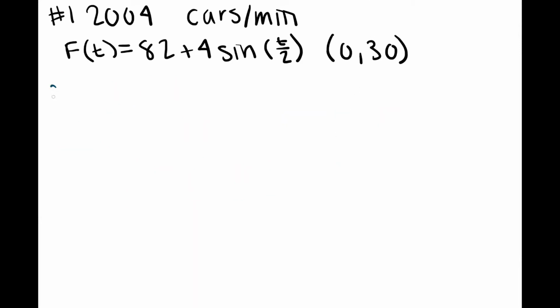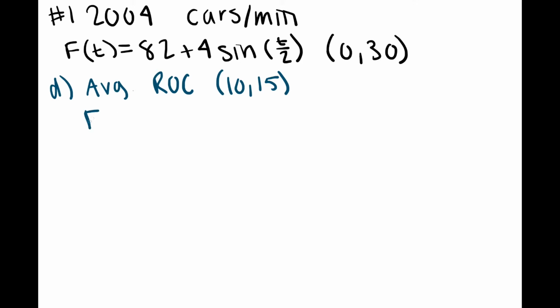Now last, part D. What is the average rate of change of the traffic flow over the time interval 10 to 15 and indicate the units of measure. The formula for the average rate of change is f of b minus f of a all over b minus a.